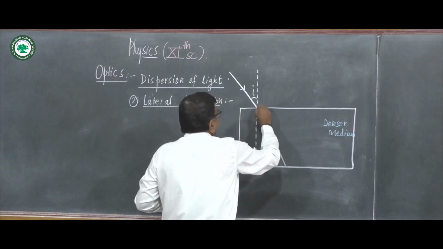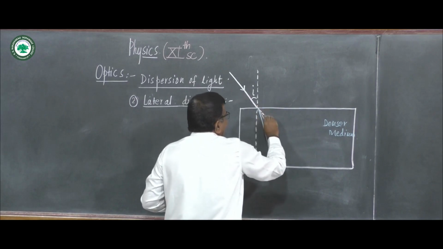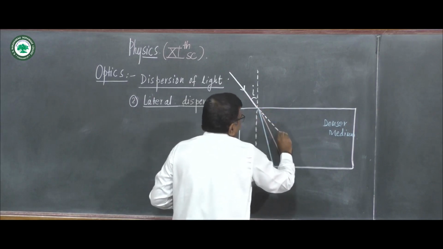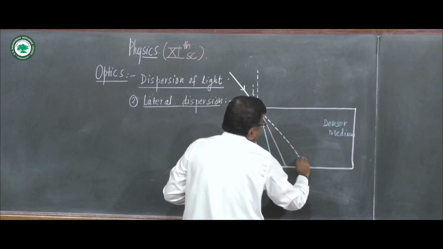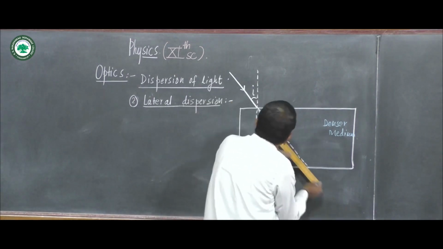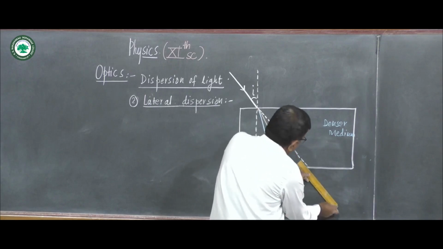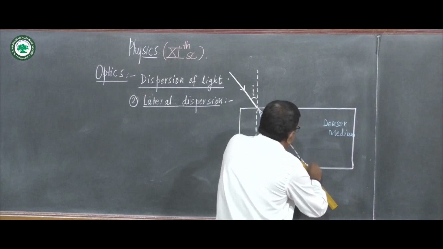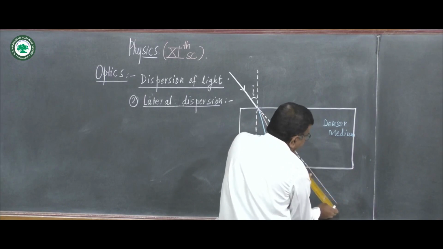And if this transparent material is not there, this light travels along a straight line without any deviation.